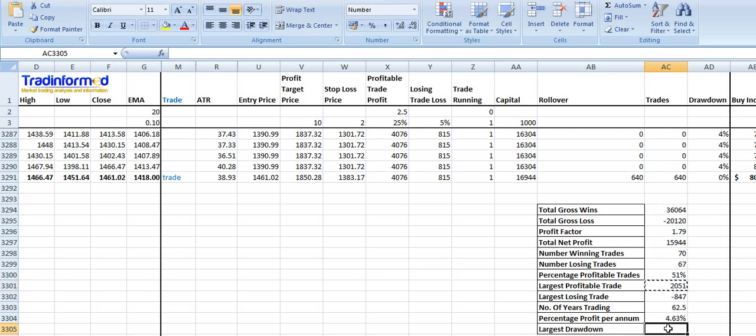Let's copy the range down again. And we're going to look at our max here. I'm just going to cheat. We're dragging this across to the drawdown column next to it. Express this as a percentage. See, our largest drawdown is 23% over this time period.